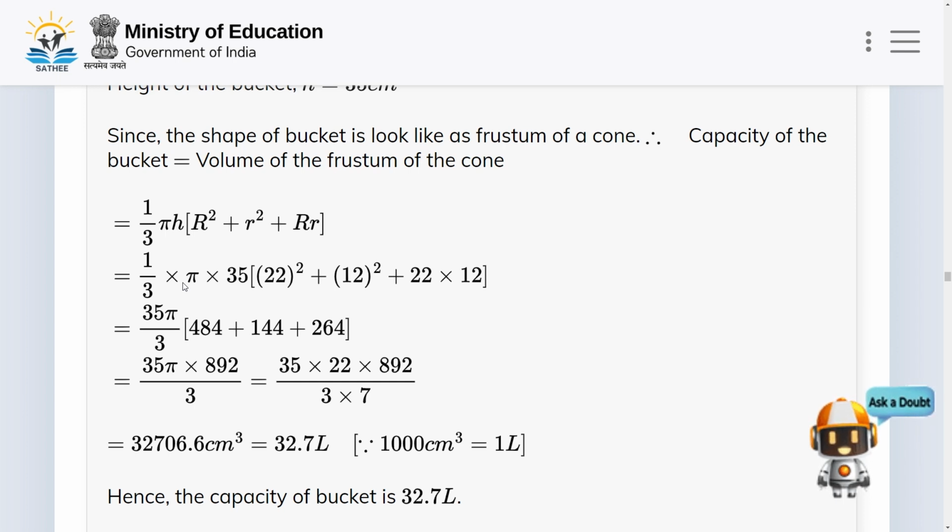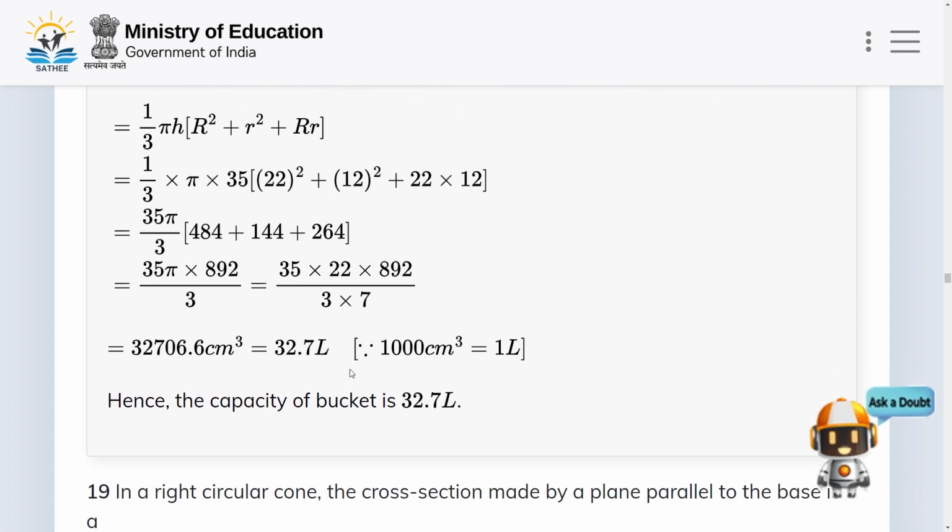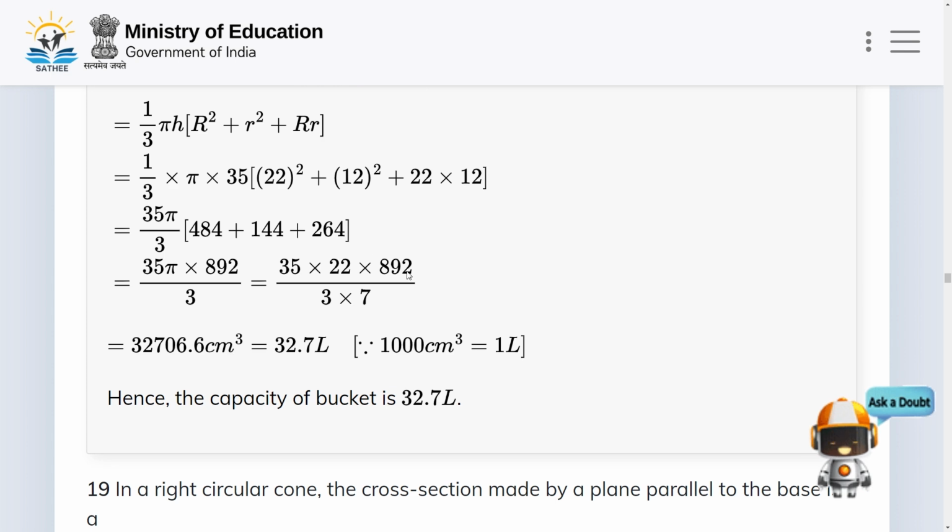This is equal to 35 pi by 3 times (484 plus 144 plus 264), which is equal to 35 pi times 892 divided by 3, which is equal to 35 times 22 into 892 divided by 3 into 7.